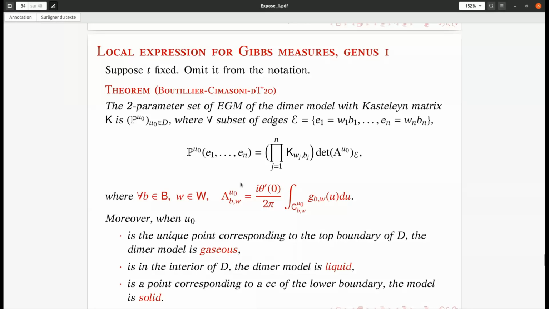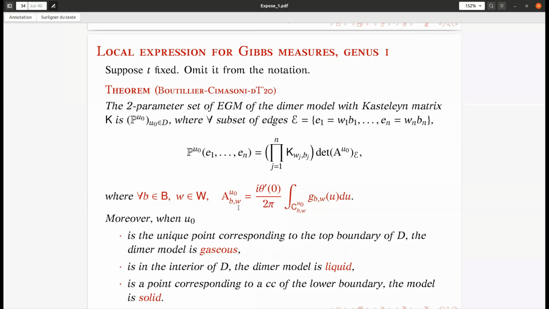The correlations for 2 edges are given by a product of 2 such terms, when B and W go far apart. That's why you're interested in the asymptotics of these formulas: when the vertices go far apart, you're computing correlations. And that's how you deduce the phase diagram.